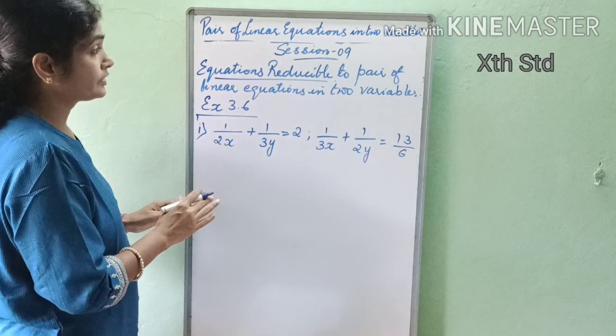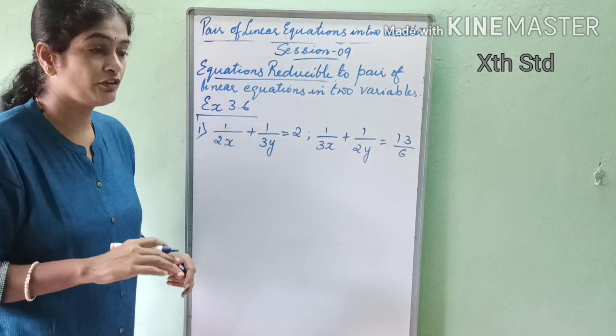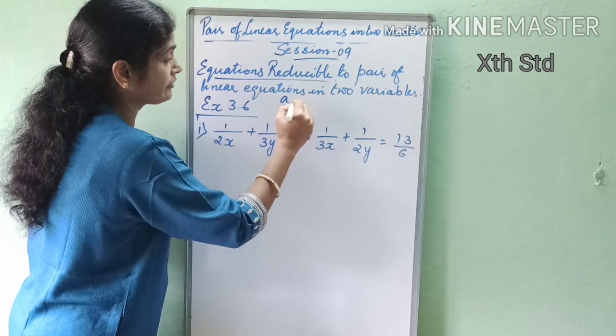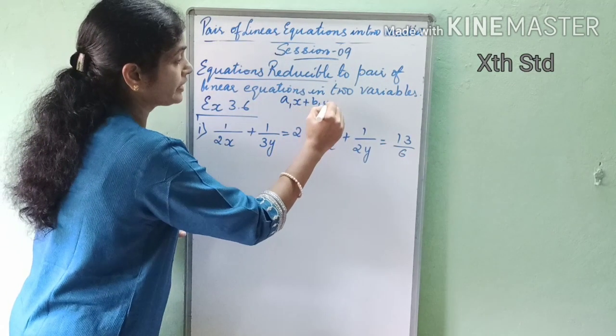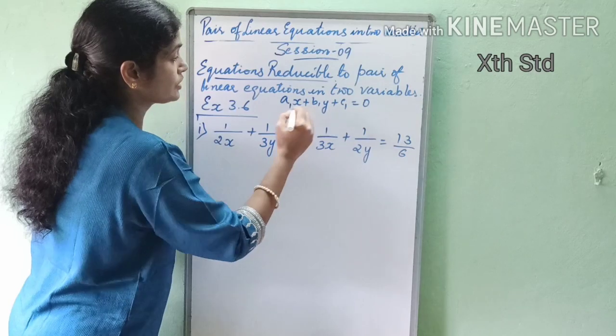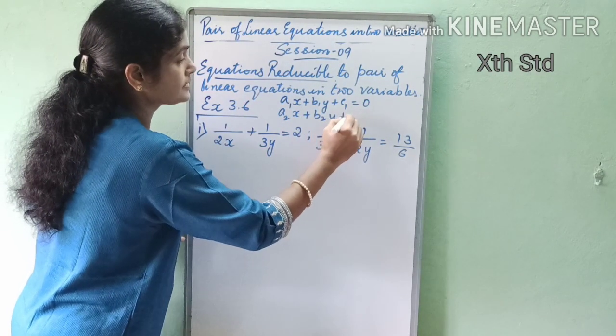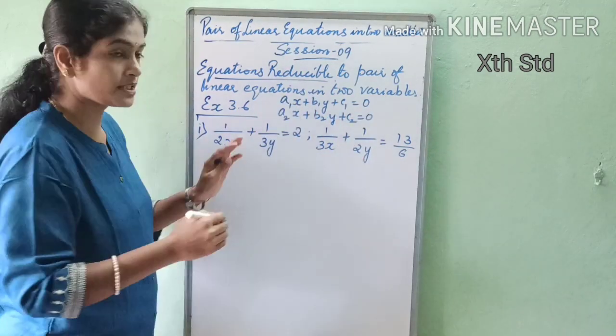Fine. Now we have learned the standard form of the linear equations in two variables. It looks like a1x plus b1y plus c1 equal to 0, a2x plus b2y plus c2 equal to 0. This is the standard form.